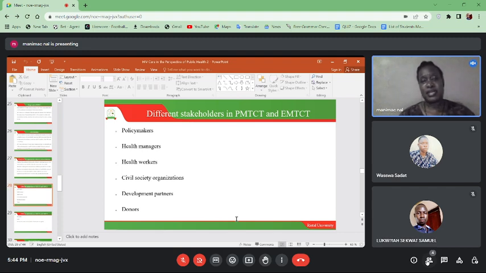Then secondly, we need the health managers, because they are the ones managing these health care facilities, or managing the health cadres who are providing these services to mothers. So we need them also on board.